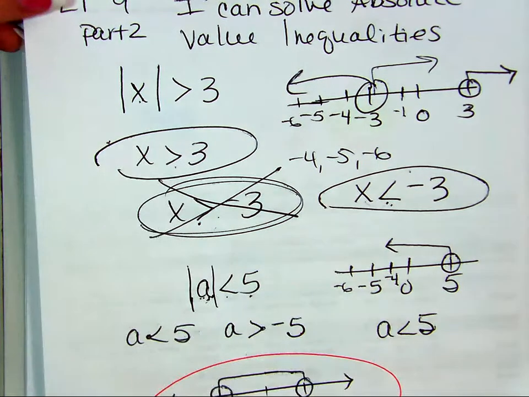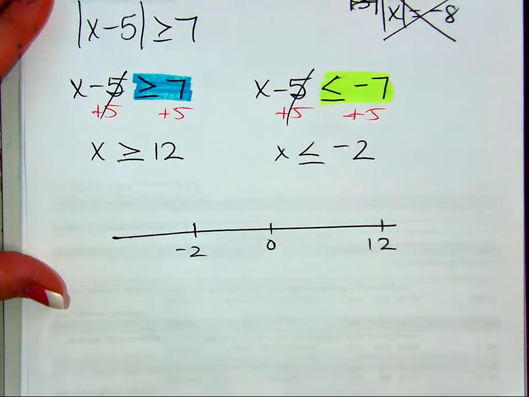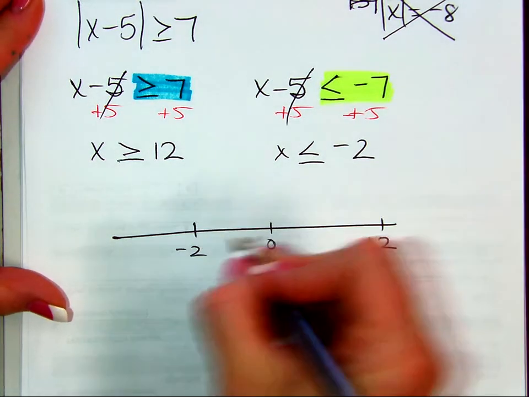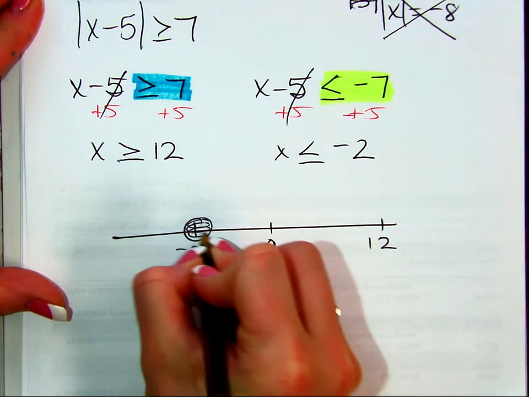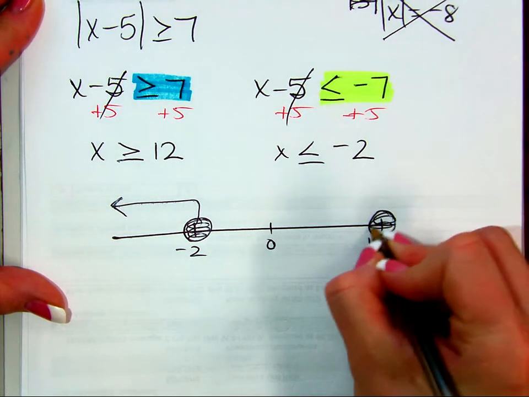So it has to flip both times, okay? Just flip the sign. Right. Here's the funny thing, because if it's an equation, all you do is change the sign, because to flip an equal sign around doesn't matter. So that's how you kind of know when to flip the inequality sign around, because there's two things to do. So I want x is less than or equal to -2, or x is greater than or equal to 12.